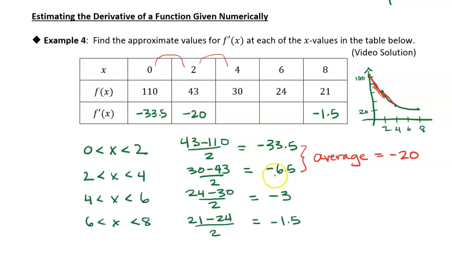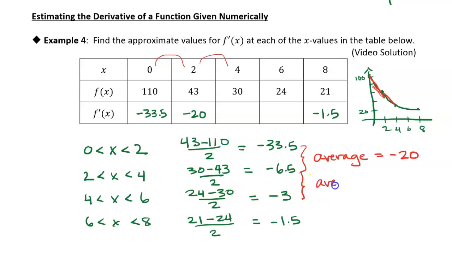We can do that for these other intervals too. To get a better estimate of the slope at 4, I can average the average rates of change on either side.